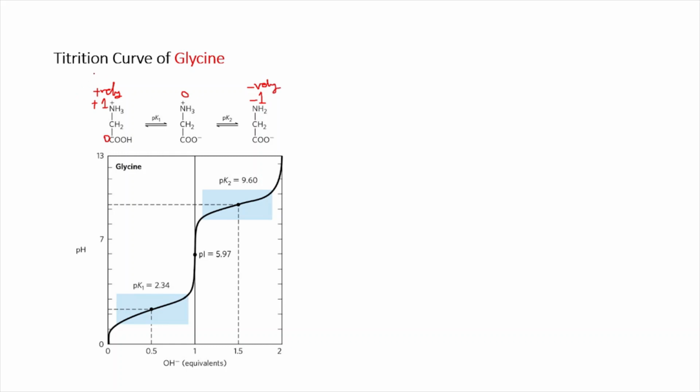The positively charged form of glycine is attributable to low pH value, the negatively charged form is attributable to high pH value, and the zwitterionic form is attributable to neutral pH value.